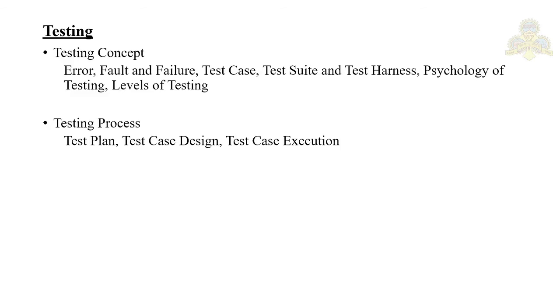During testing, the software under test is executed with a finite set of inputs, or a finite set of test cases, and the behavior is evaluated to check if the system is performing as expected or not.